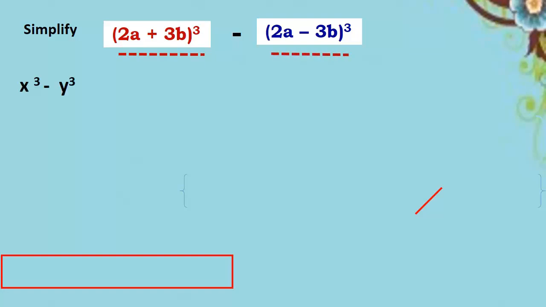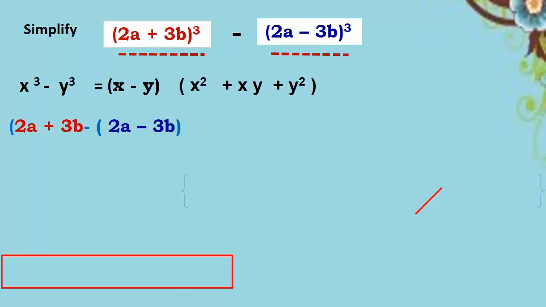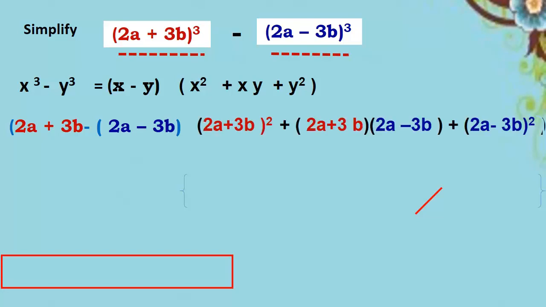That means this is x cube minus y cube. Now you know the formula. Instead of x we write 2a plus 3b. Instead of y we write 2a minus 3b. Let's put it correctly. Observe. Whenever negative signs are there, put them in the bracket. Now for x square again 2a plus 3b the whole square plus 2a plus 3b into 2a minus 3b plus 2a minus 3b the whole square.